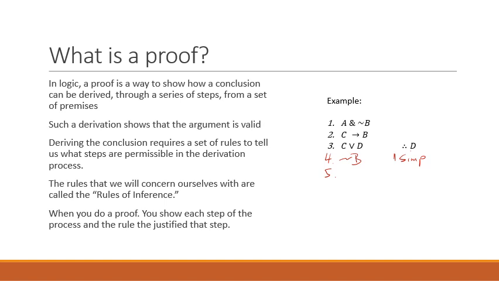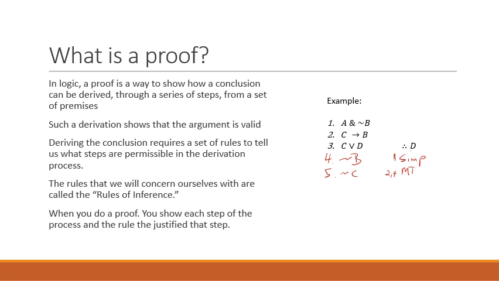That's not B. And so what we can derive is the negation of the antecedent of that conditional, which in this case is not C. So the rule I'm using is modus tollens, and the lines involved were 2 and 4. So again, that's my justification. Simplification only requires one line, but modus tollens requires 2.